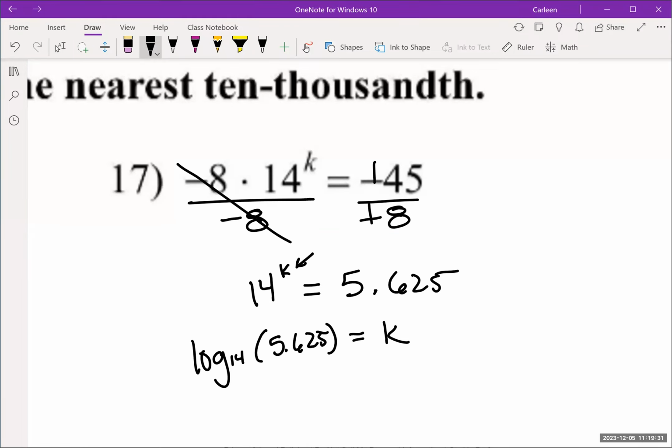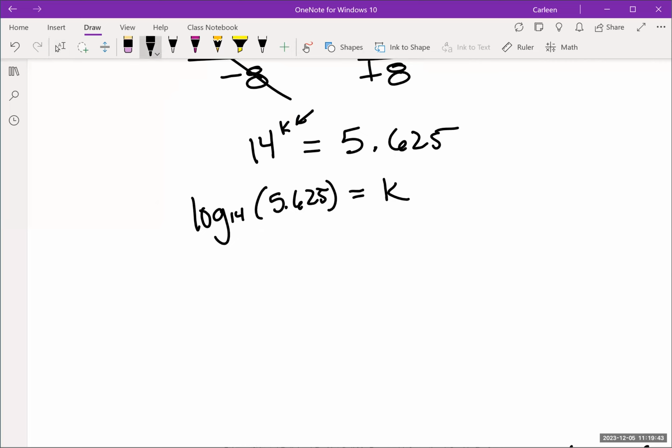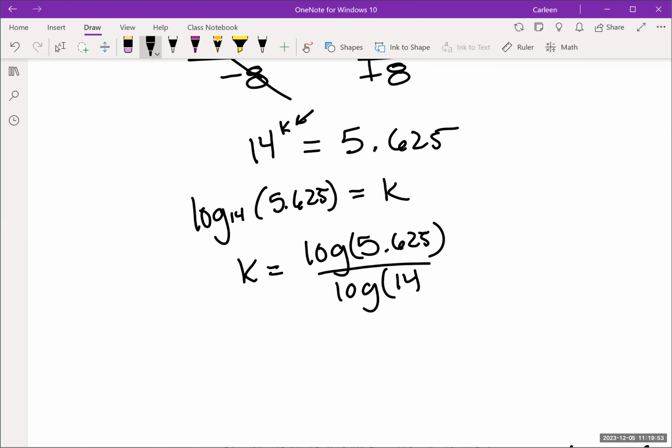Okay. Now, my calculator does not do log base 14. My calculator does log base 10. So next I have to do change of base. Log of the answer divided by log of the base.